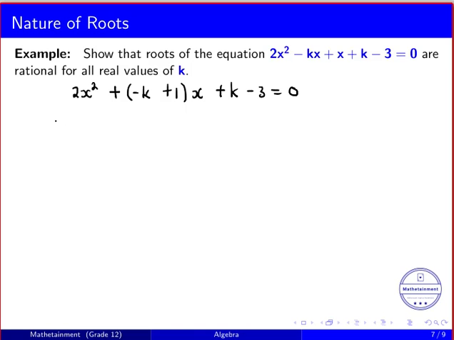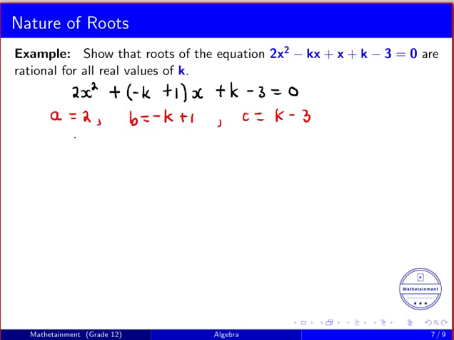From there, you can see that the coefficient of x squared, which is a, is 2. The coefficient of x, which is b, is negative k plus 1. And the constant term c is k minus 3. So let's try and find our discriminant.